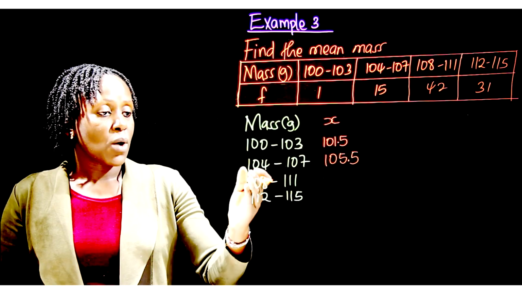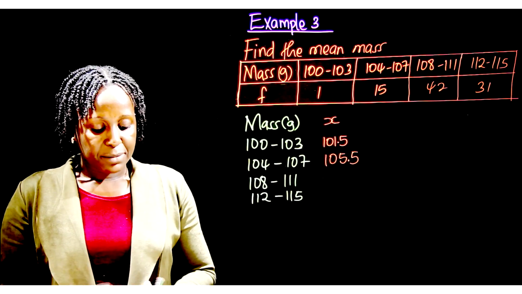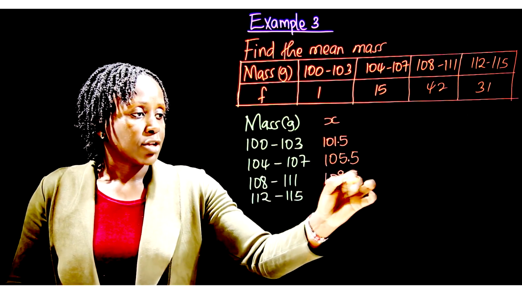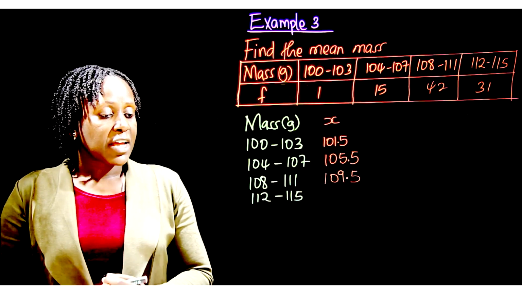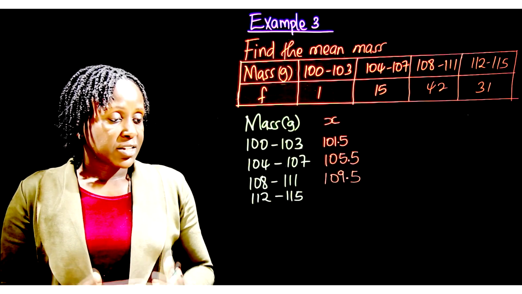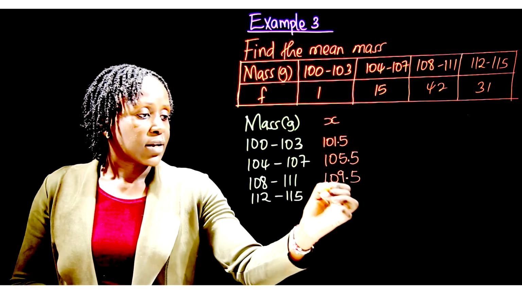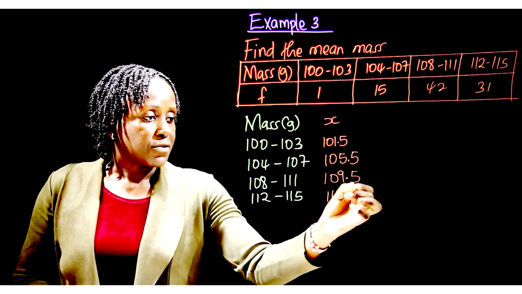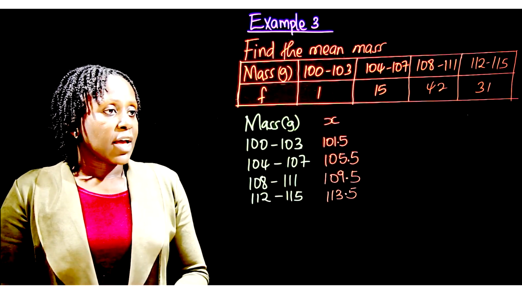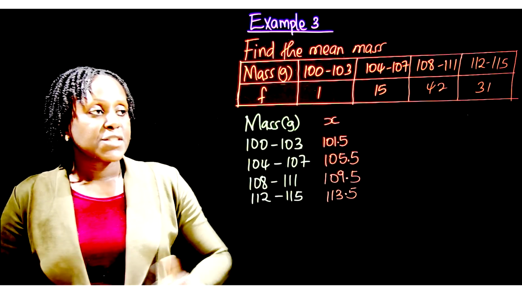Next, we add 108 to 111 and divide by 2 to obtain 109.5. Then finally we add 112 and 115, then divide by 2 to obtain 113.5.